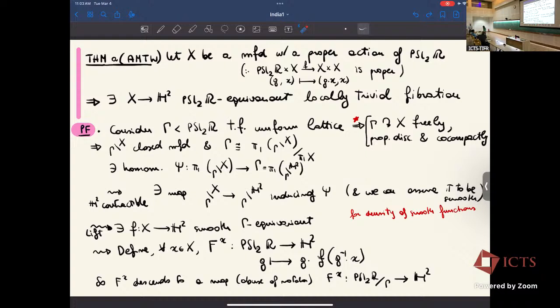Do you really need PSL2R, or is any rank 1 Lie group enough? No, this proof works for any rank 1. I did it for PSL2R just for concreteness, and whenever you see PSL2R, you replace it by H, this rank 1 Lie group, and wherever you see H2, the symmetric space of that rank 1 Lie group, and it works.